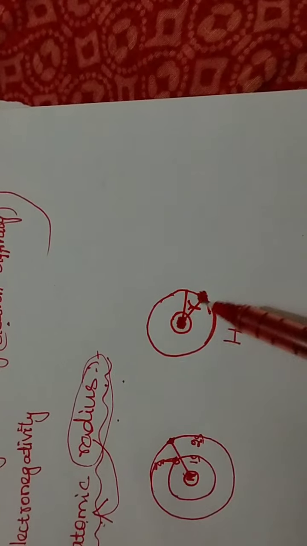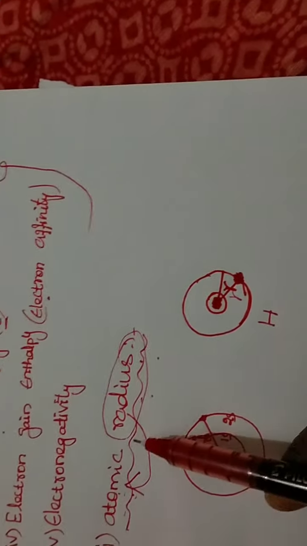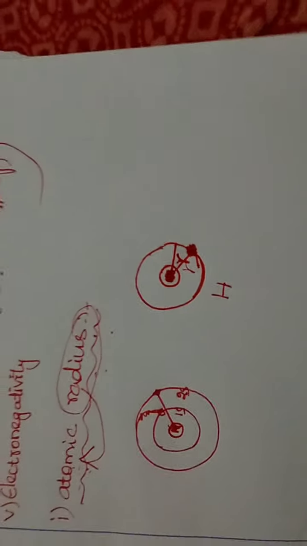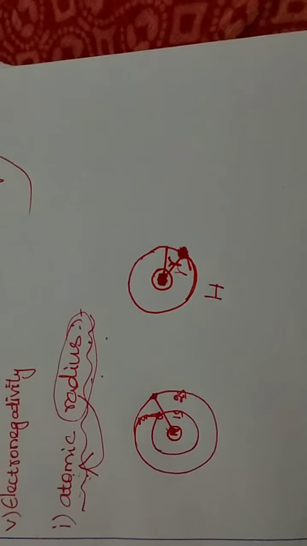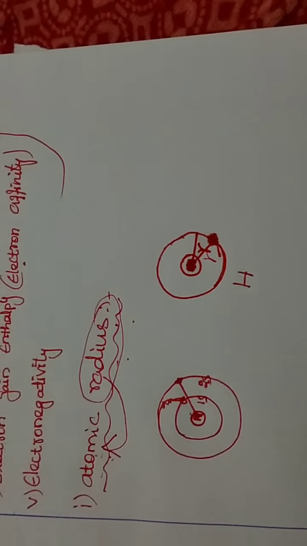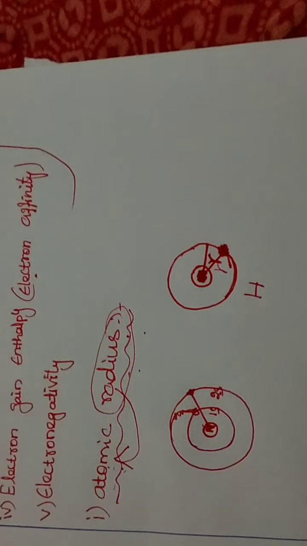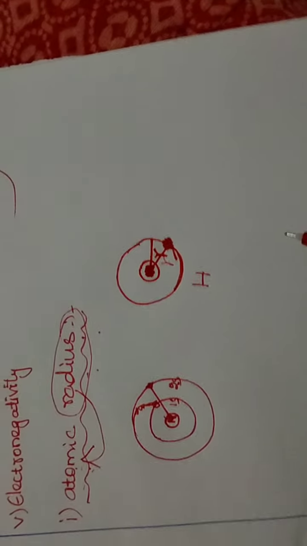The distance between these two is known as atomic radius. There is no possibility to measure the atomic radius directly for only one atom, an isolated atom.